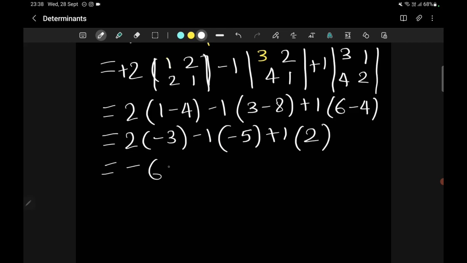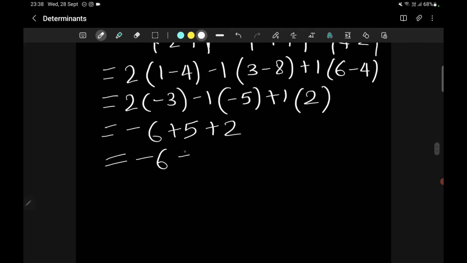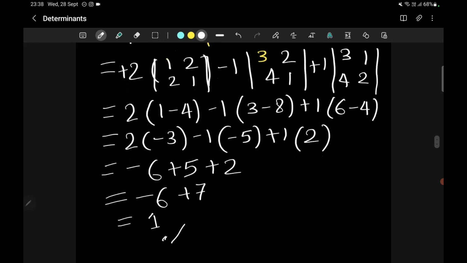Minus 1 into minus 5 is plus 5. Then plus 2. Minus 6 plus 7 is 1. This is how you can solve the 3 order determinant.